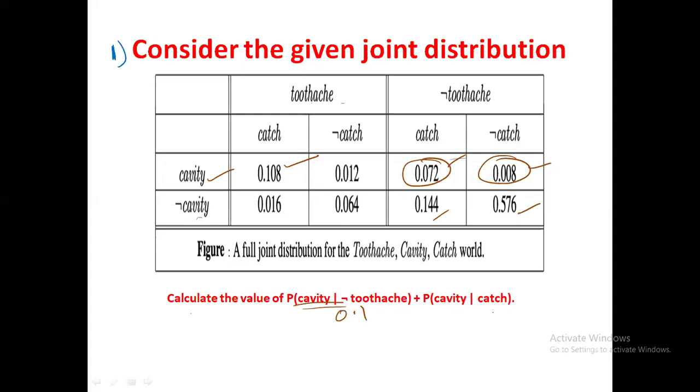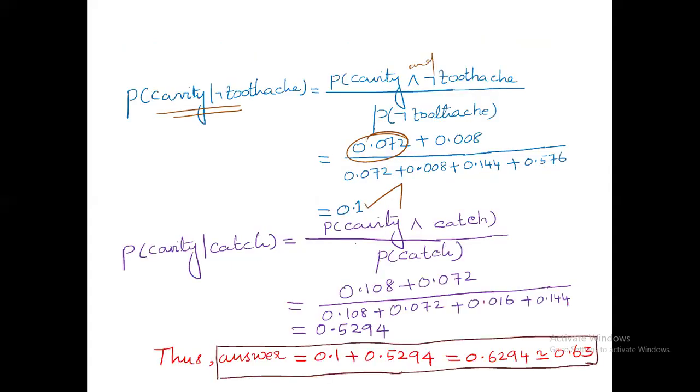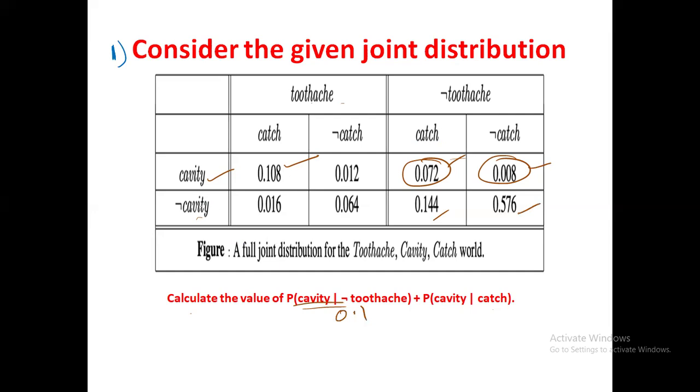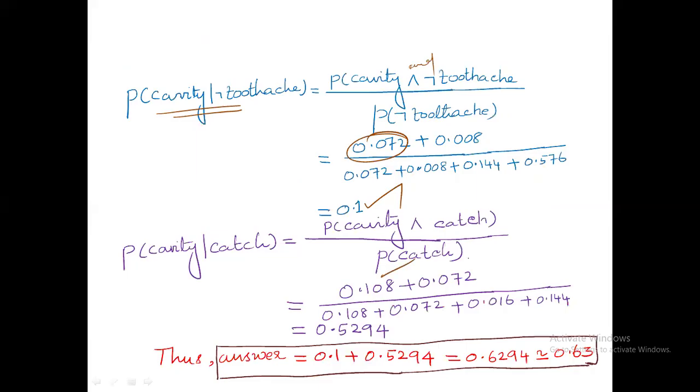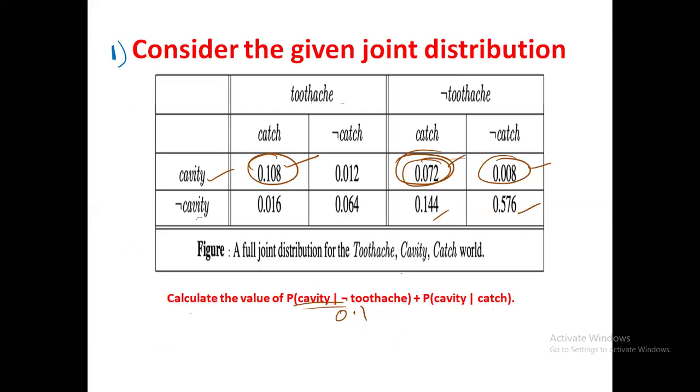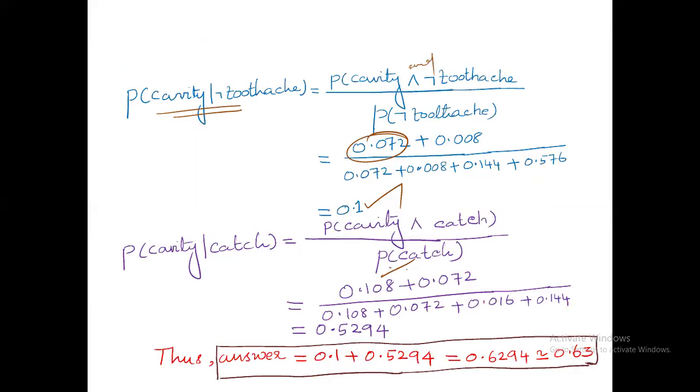The probability of cavity given catch is equal to probability of cavity and otherwise intersection catch divided by probability of catch. Probability of cavity and catch, this value and this value: 0.108 plus 0.072 divided by probability of catch.